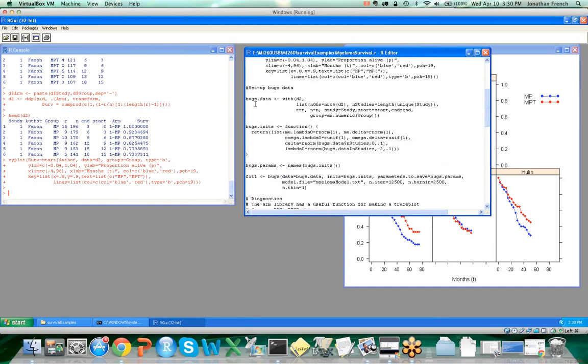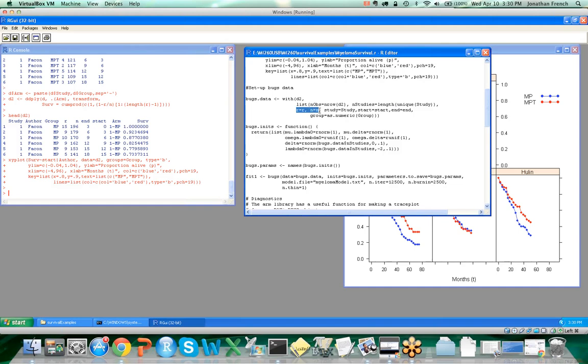So what we want to do is set up our data for our BUGS model. So we'll use this data set D2, and we'll pass in the number of observations, which is just equal to the number of rows in that data frame. The number of studies is going to be 5, so it's the number of unique studies we have in our data frame.